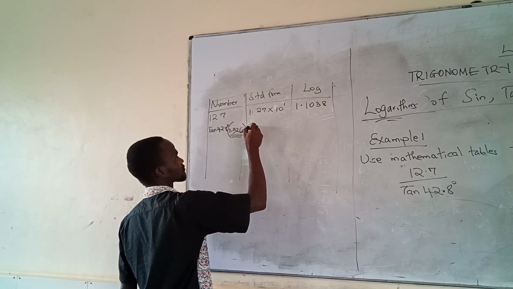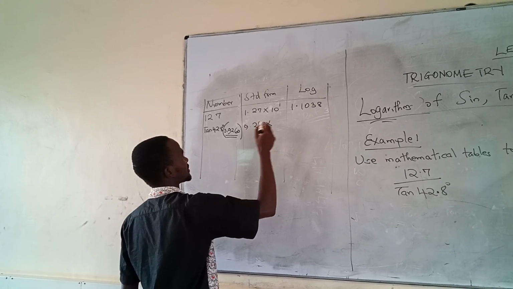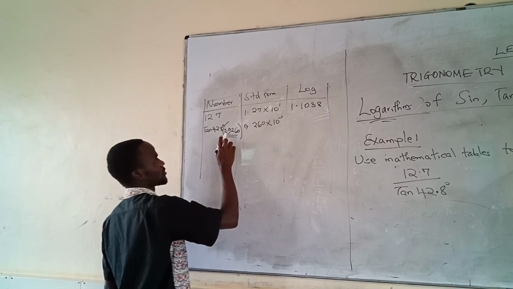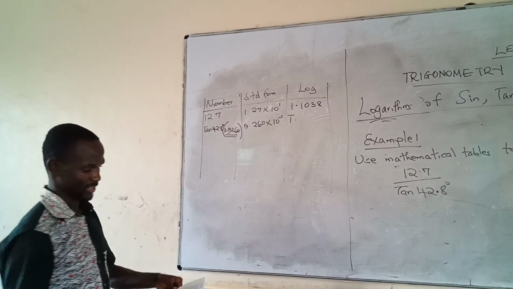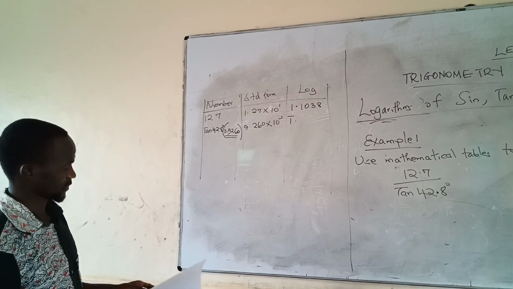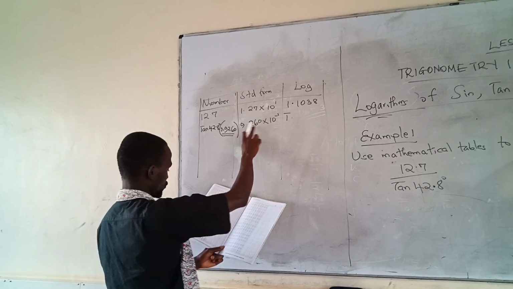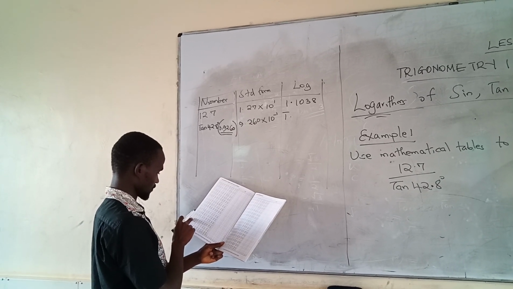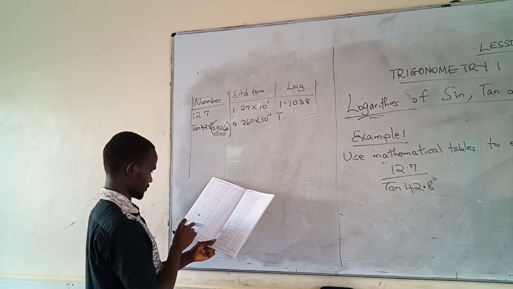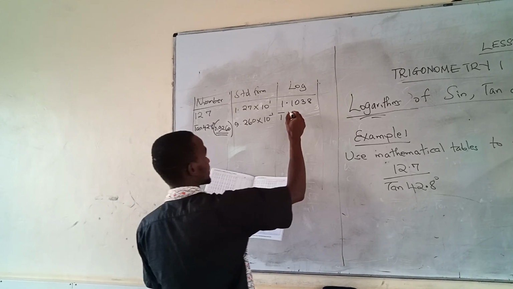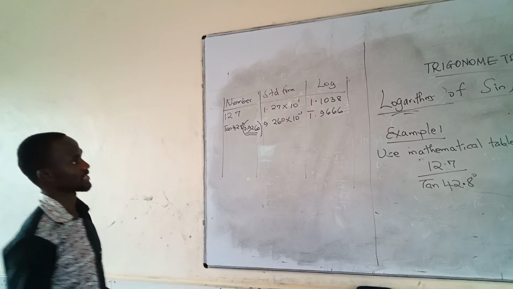So now we write this number in standard form. We have 9.260 times 10 to power negative 1, moving towards the right. We go to the logarithm of numbers where we have 9.26. So we have 0.9666, which is 1 point 9666.